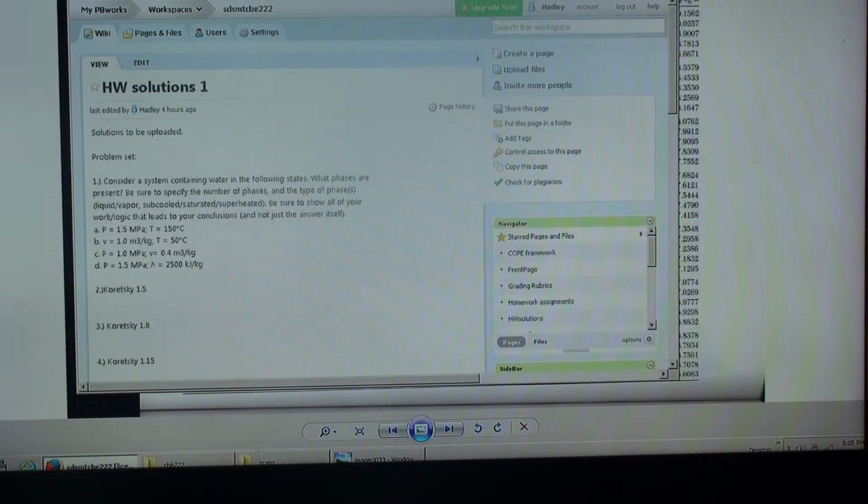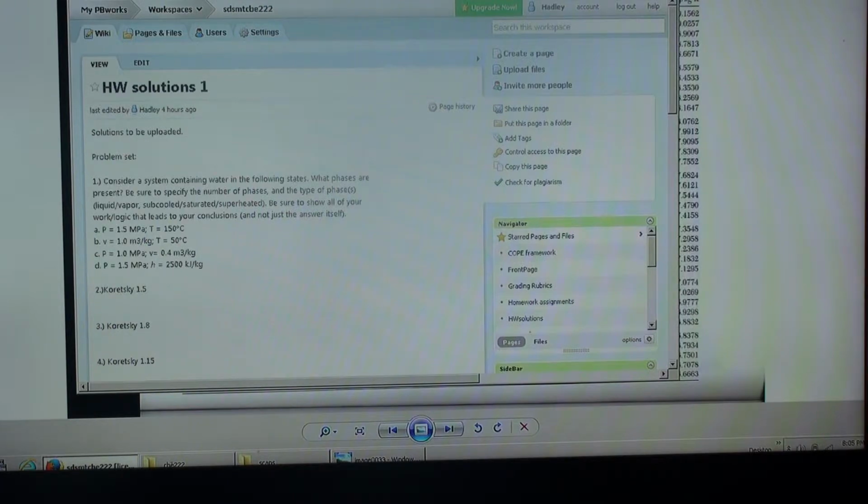So I look at my pressure, and I want to decide if it's lower or higher. In every case, whether I'm looking at pressure, volume, enthalpy, I'm always looking at: is it higher or lower? And in this case, it's higher.